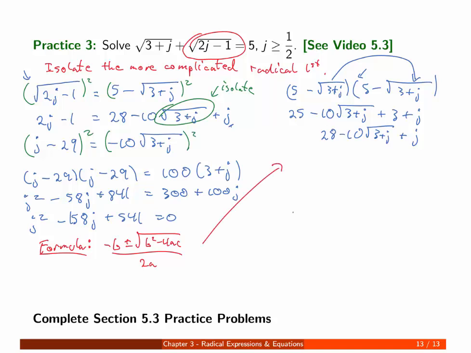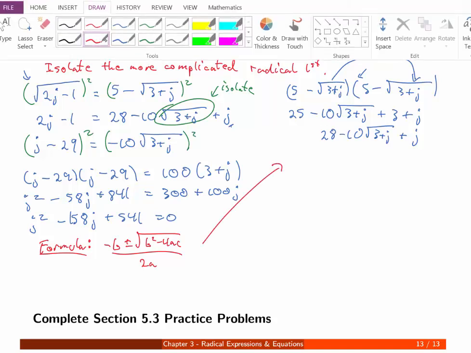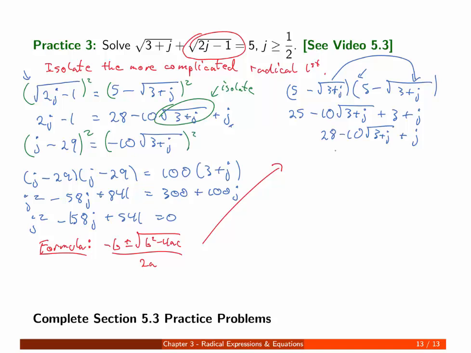So that will imply, negative b, so that's going to be 158, plus or minus 158 squared minus 4 times a, which is 1, c, which is 541, all over 2 times 1. That's what j equals.